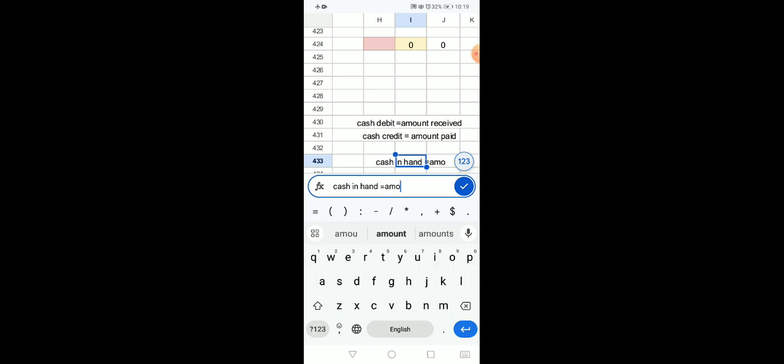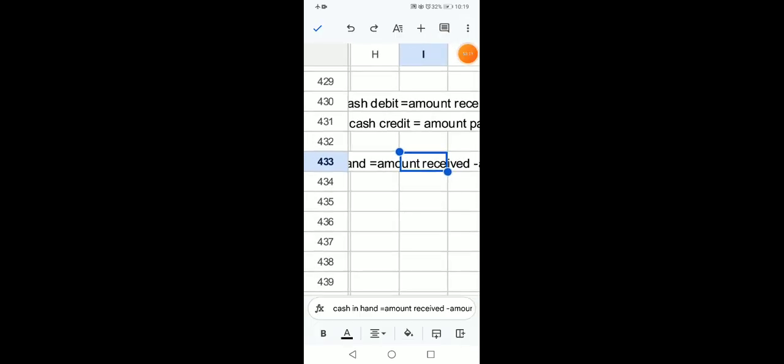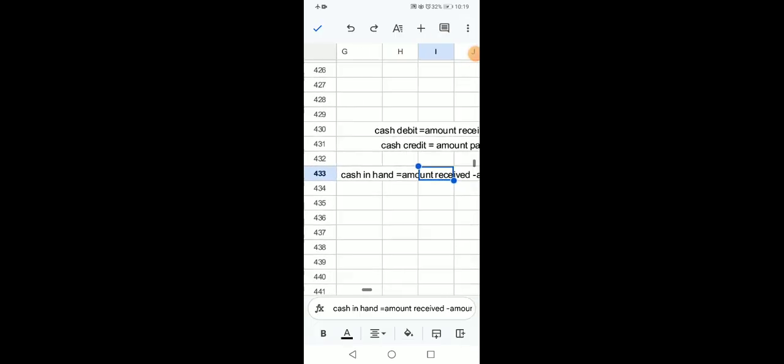The amount paid would be subtracted from the amount received. You will get the cash actually present in your hand.